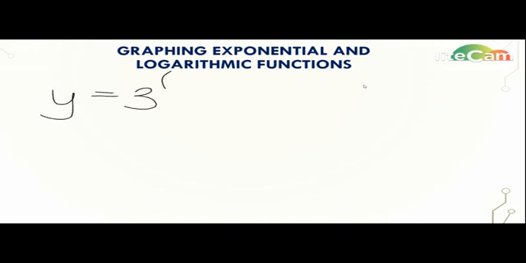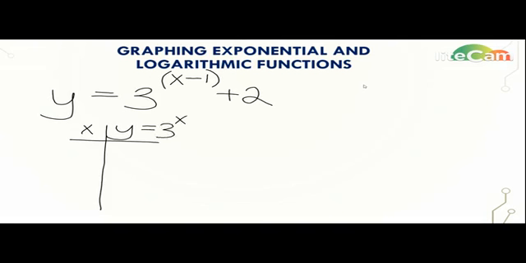All right, we're going to use 3 to the x again, but this time it's going to have a translation in it. So it's going to be 3 to the x minus 1 plus 2. And in this case, I'm just going to go 3 to the x. We did this before where we took out the translation and we just did our basic function, because I want to see what the function looks like. So I don't have to use the translation when I do this.